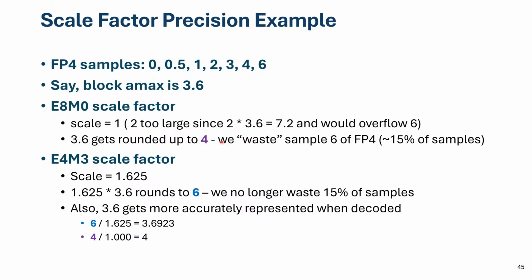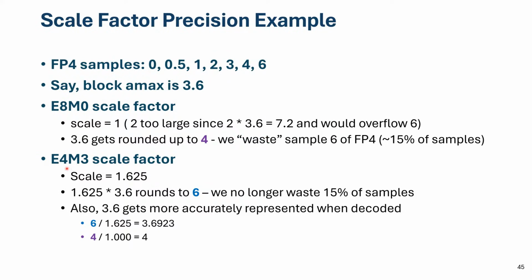So what we end up doing is that we will not end up using the sample 6 in the FP4 format at all, because the largest magnitude I had just got converted to 4. Nothing else in that block will get converted into 6. They can only be smaller. So I just wasted sample 6 out of FP4, which is about 15% of the samples that I have, because I only have 6 of them to begin with. So that's one potential sadness.